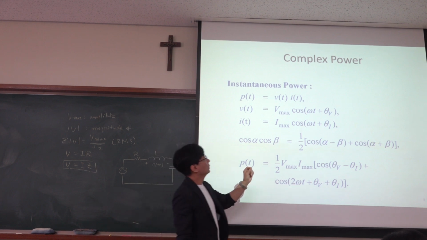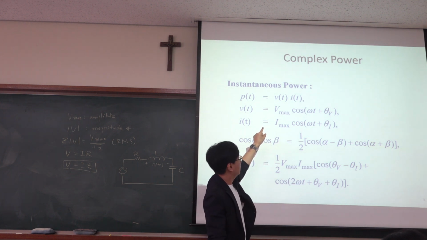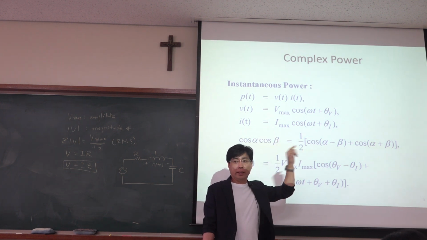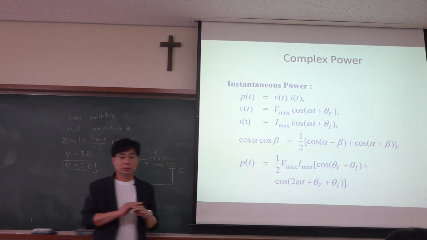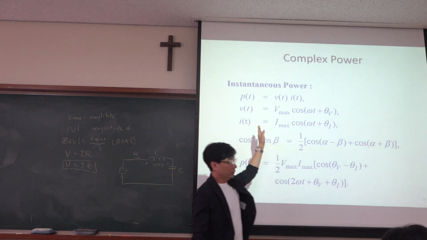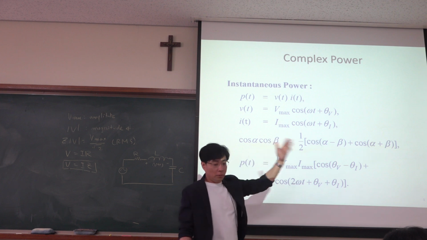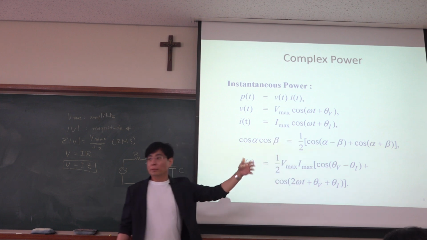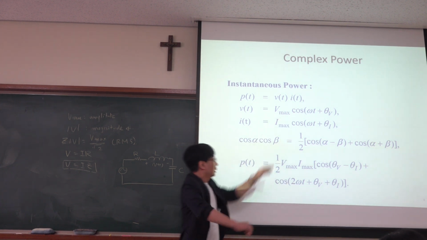So the instantaneous power is simply voltage times current at any instant. That definition can be used whenever you want to apply it. In this case, our voltage and currents are sinusoidal waves, so we just plug in.